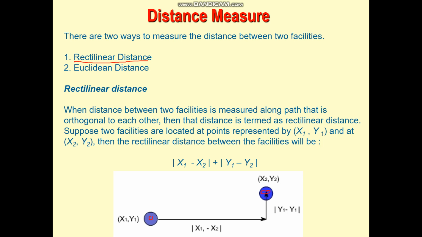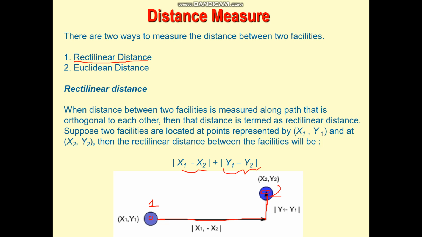So we calculate the distance between the first point and the second point by going along a straight line from here to here, then from here to here. That is rectilinear distance. So the rectilinear distance between the first point and the second point is equal to the absolute value of x1 minus x2 plus the absolute value of y1 minus y2.